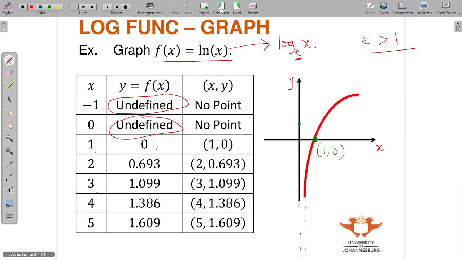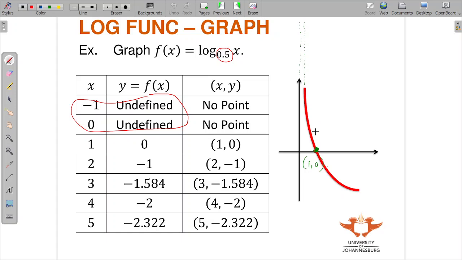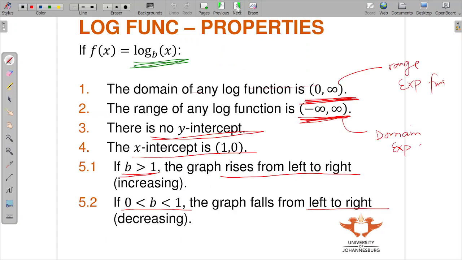Let me show you the graph again. From left to right, the graph rises. Can you see that? Now, when the base is between 0 and 1, less than 1 and greater than 0, then the graph falls from left to right. You see, this goes this way.